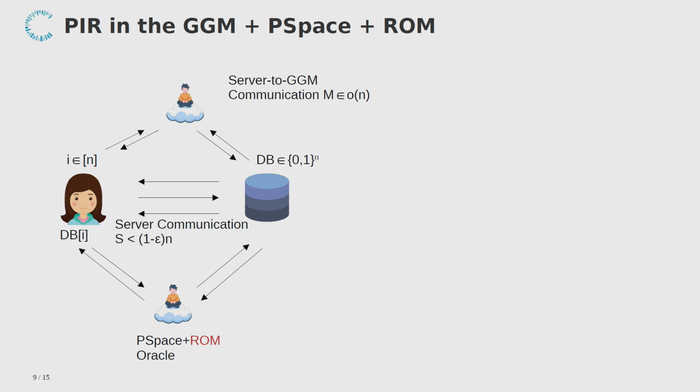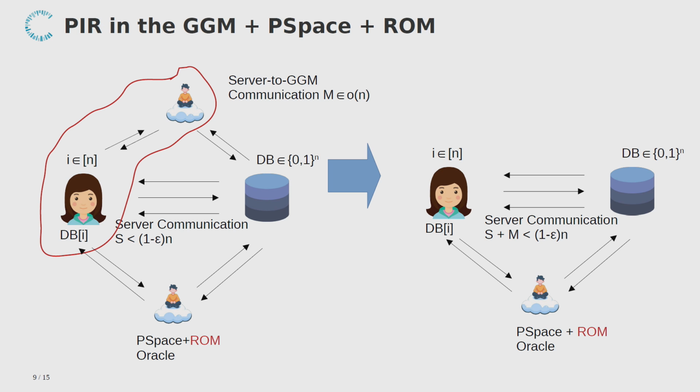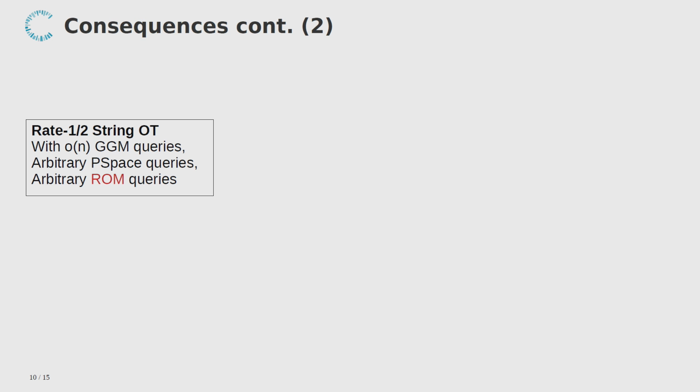Now we add a random oracle. So there's also oracle access to a random oracle, and the same transformation applies. We remove the generic group model, and what only stays is the PSPACE oracle and the random oracle. Everything else still works the same, which is why I'm going fast through the slides. Let's walk through this again.